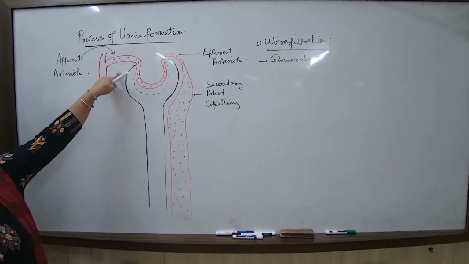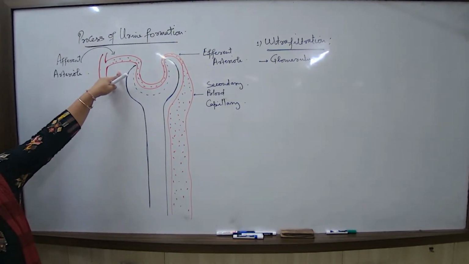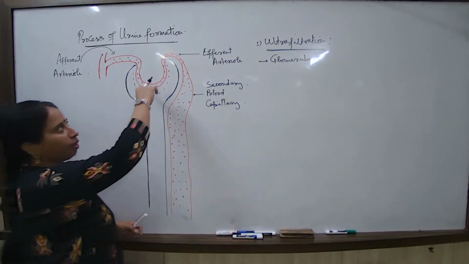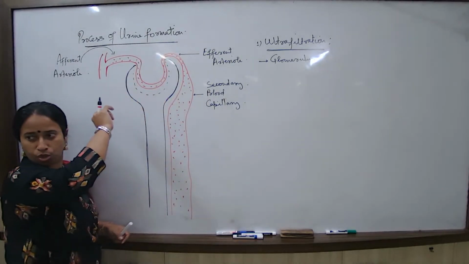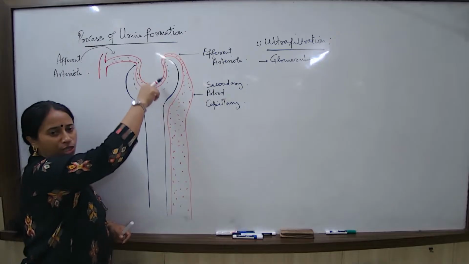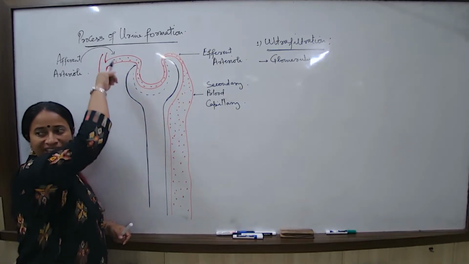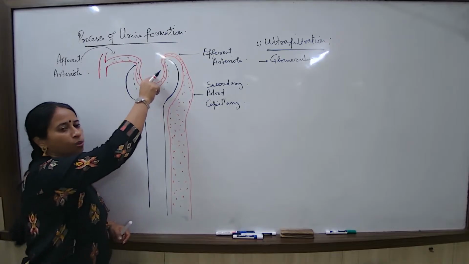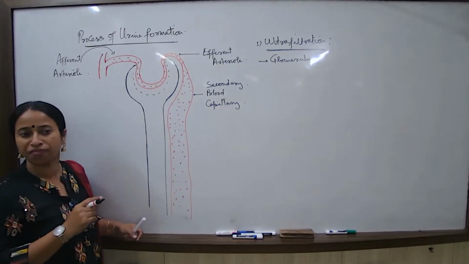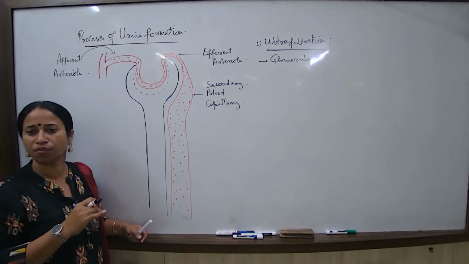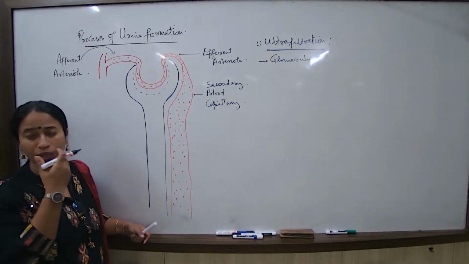So since this is a wide tube bringing a lot of blood into the capillary network, but that same amount of blood cannot go out, definitely there is a surplus amount of blood here always, and again adding of blood and again adding of blood. So this is what is resulting in the development of a pressure, that is also called the osmotic pressure.